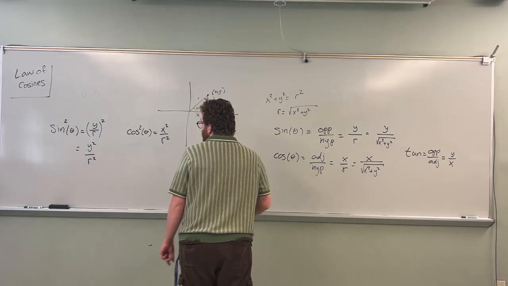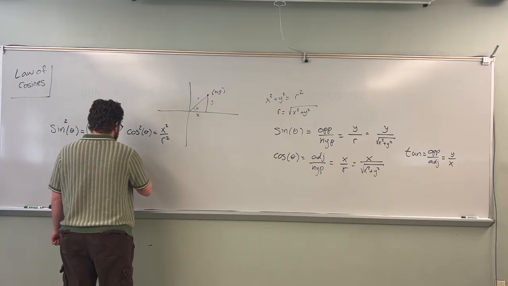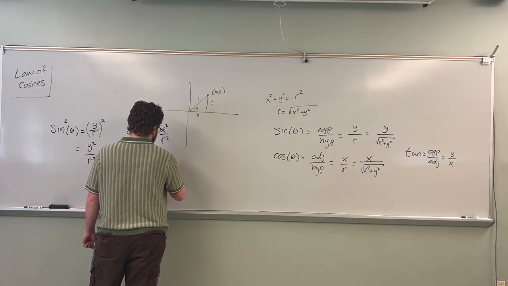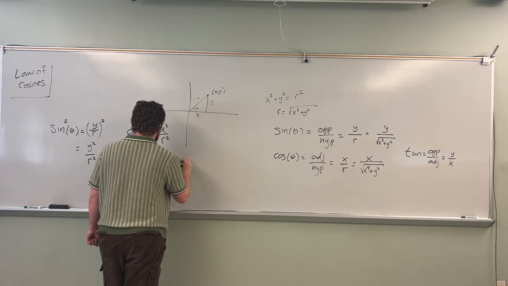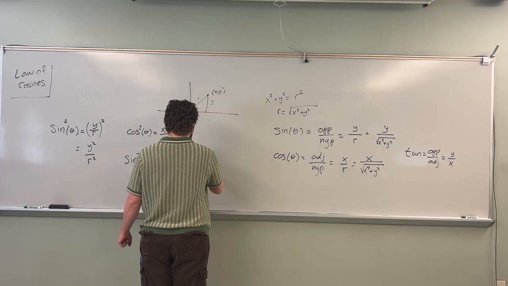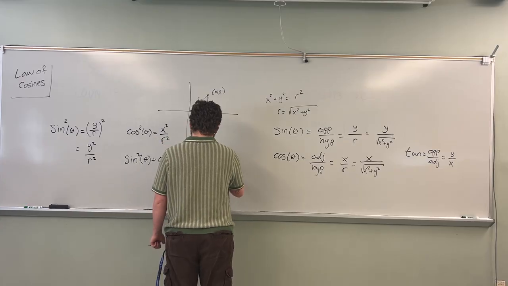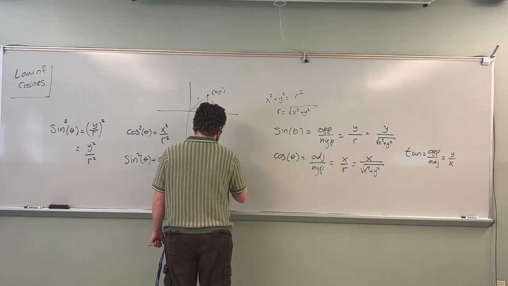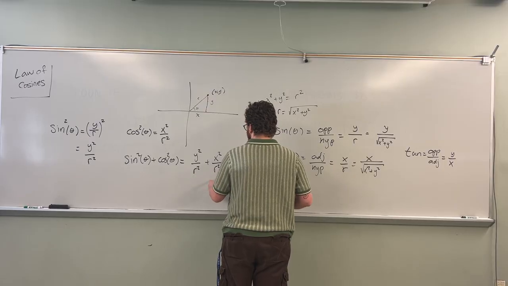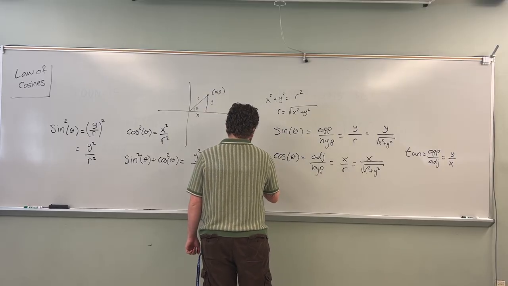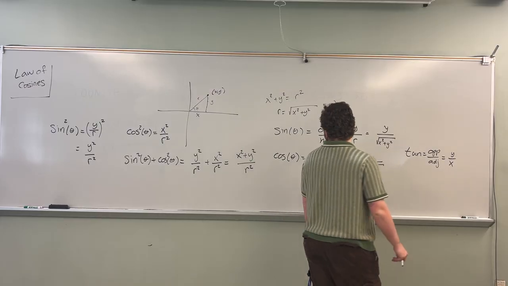All right. And then what happens if I add them together? Sine squared theta plus cosine squared theta. Sine squared theta is y squared over r squared. Cosine squared theta is x squared over r squared. Those have a common denominator, so I can just put them over the same denominator. x squared plus y squared over r squared.